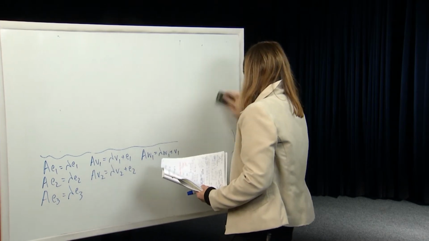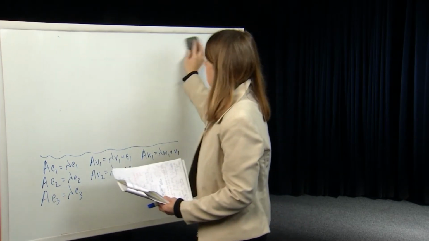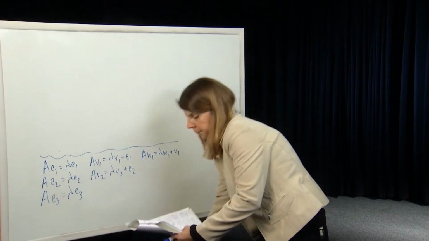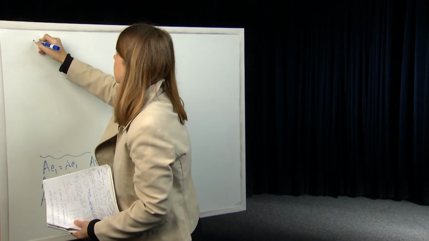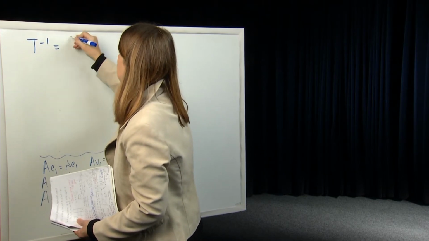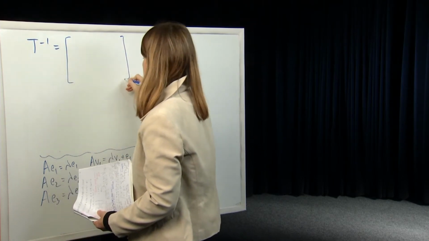I've got my 6 equations there. Now I'm going to construct a matrix T inverse, and I'm going to order the vectors in the following way.